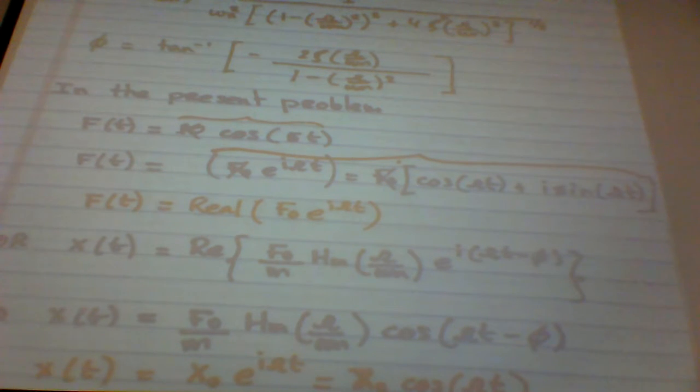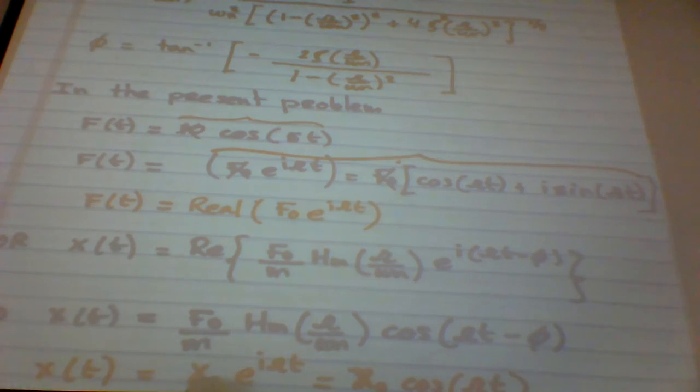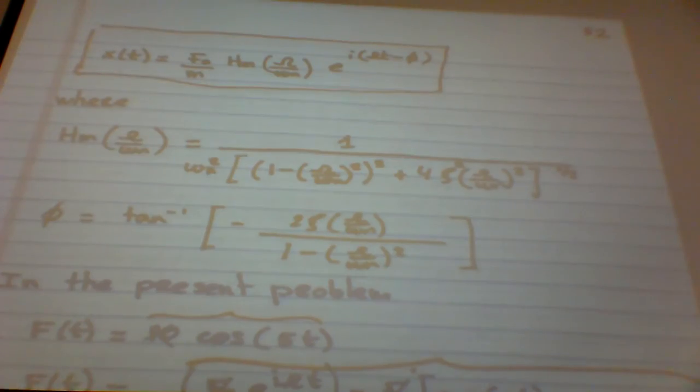All right, so since you mentioned before, what should really be the amplitude of the response? The x sub naught really is equal to f sub naught over m h of omega over omega n. Yeah? So if you want, page 52, page 53. I just try to put some values.